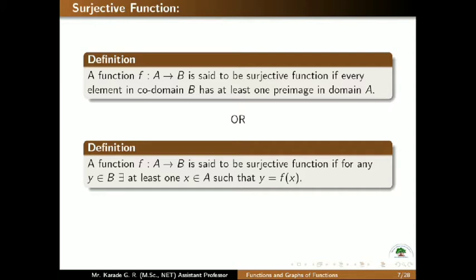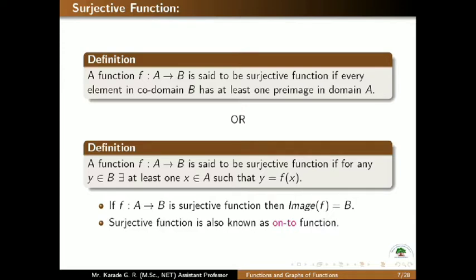A function f from set A to set B is said to be surjective if for any y belonging to B, there exists at least one x belonging to A such that y equals f(x). If f from set A to B is a surjective function, then the image of f is equal to B. A surjective function is also known as an onto function.